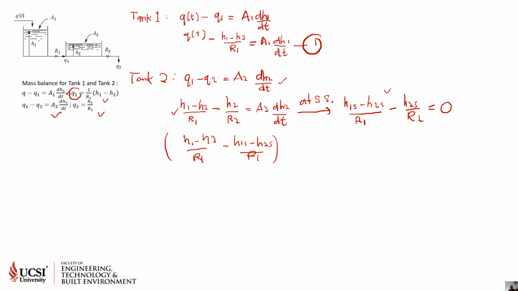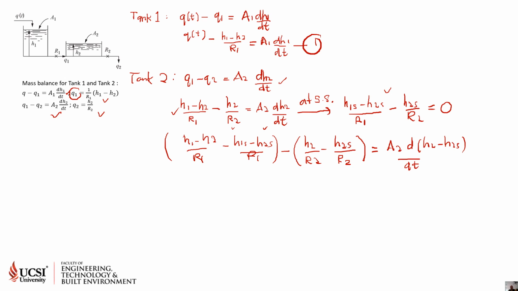For the second term, H2 over R2 minus H2s over R2 equals A2 d(H2 minus H2s) over dt.